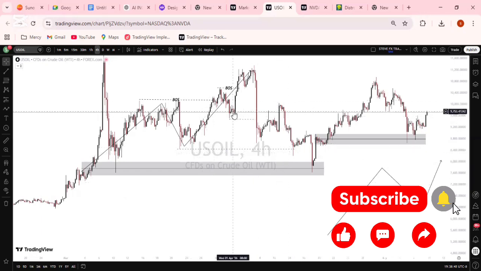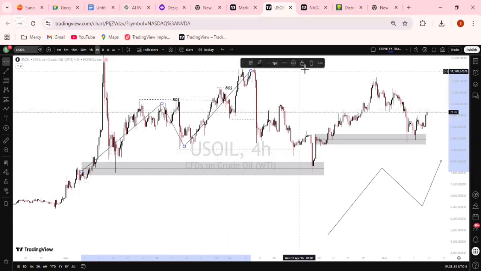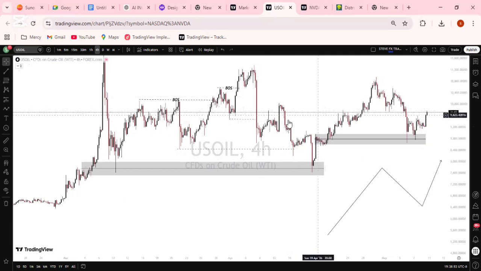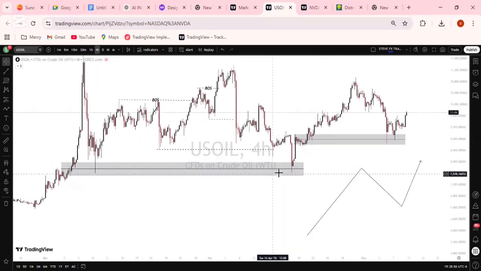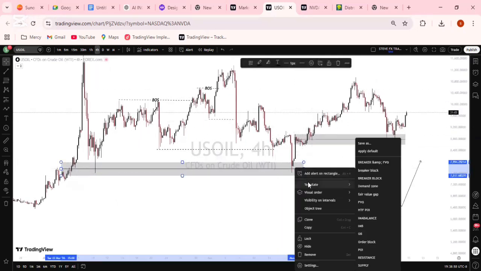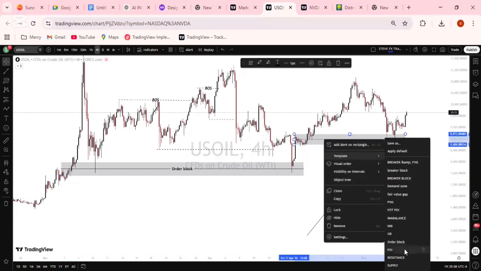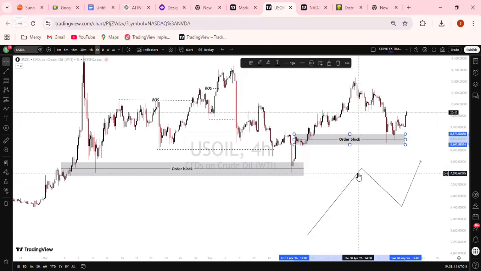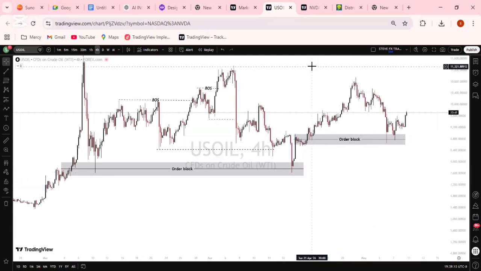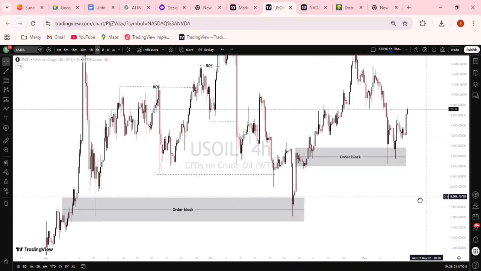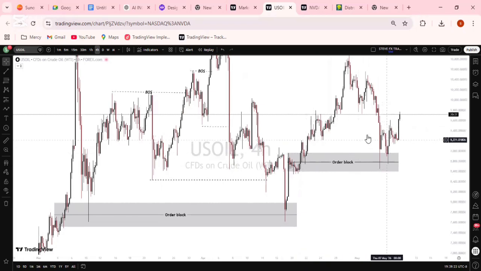So we saw that the market came down, taking the external structures, and then it reacted to a higher time frame point of interest from this particular zone, and then we are also reacting to another zone. Considering the correlation with the ongoing war, we know that whenever the war keeps on escalating, oil would always react bullish.